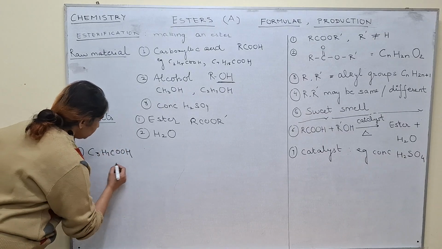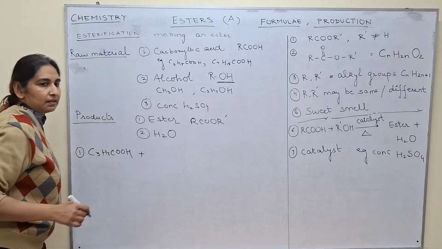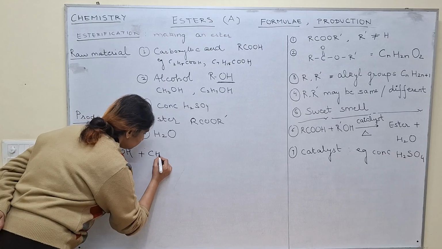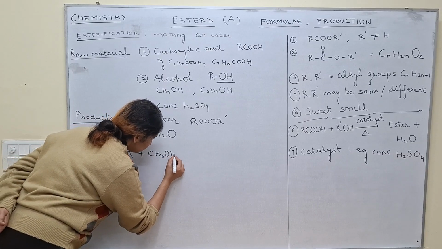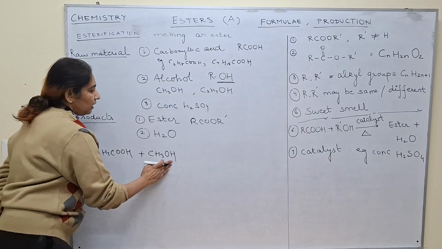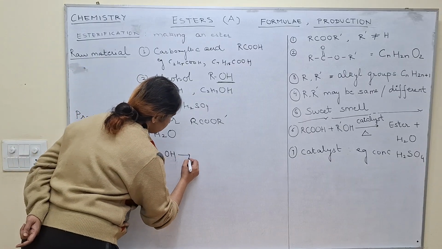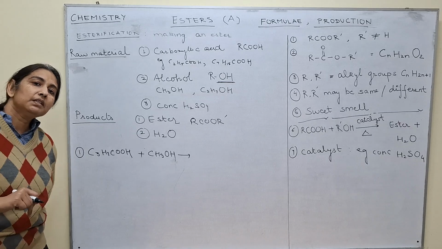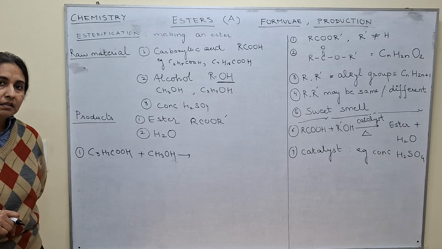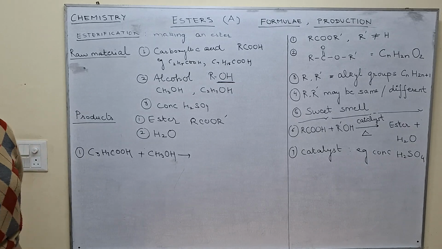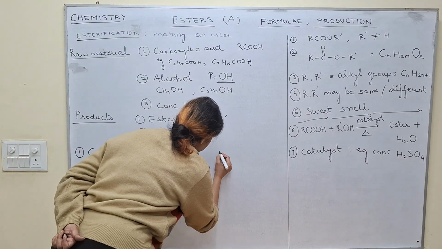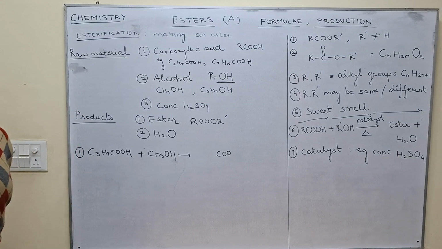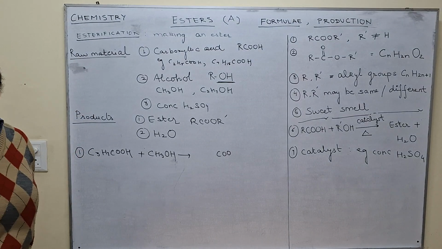So I have taken an acid. Now I need some alcohol. Decide. Methanol. Okay, and I am bound to get an ester. Now, how do you decide which one is R? CO in the middle I already know, I'll write CO. But how do you decide which one is R and which one is R dash?